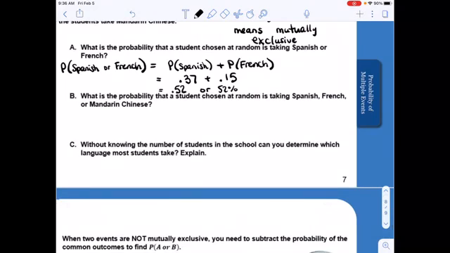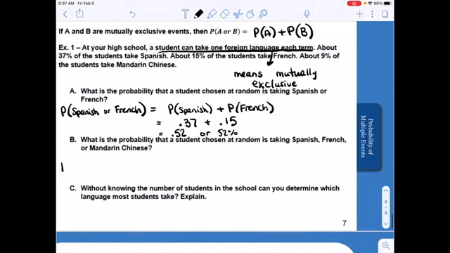Same thing on this next one. What is the probability that a student chosen at random is taking Spanish, French, or Mandarin Chinese? So we have the probability of Spanish or French or Mandarin.